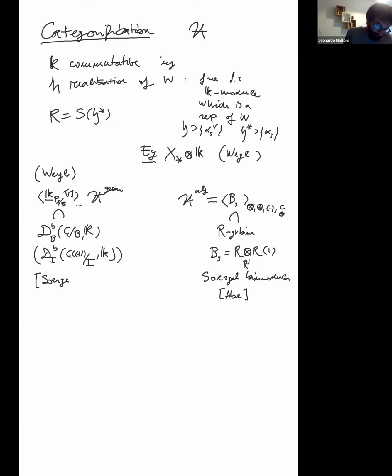But what we obtain in general, in any characteristic, are what are called parity sheaves, and this is a construction by Juteau, Mautner, and Williamson.